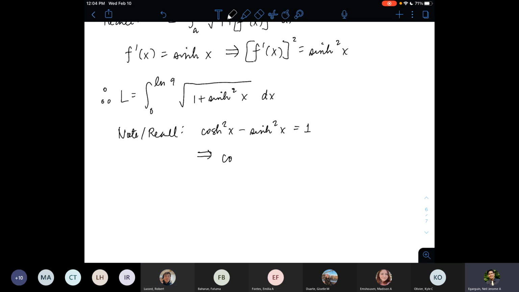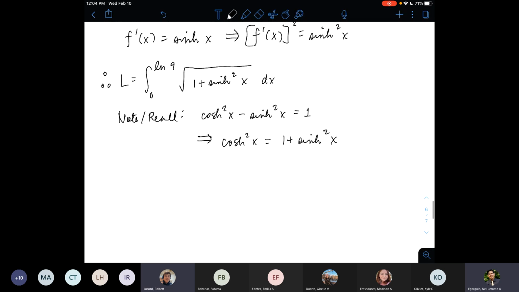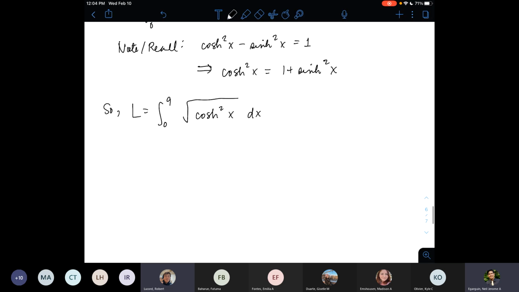That means hyperbolic cosine squared x is 1 plus hyperbolic sine squared of x, right? So the arc length is the integral from 0 to 9 of the square root of hyperbolic cosine squared x dx. Then we take the square root.